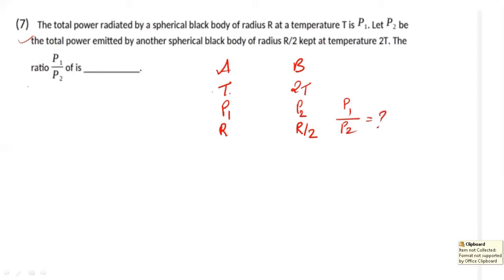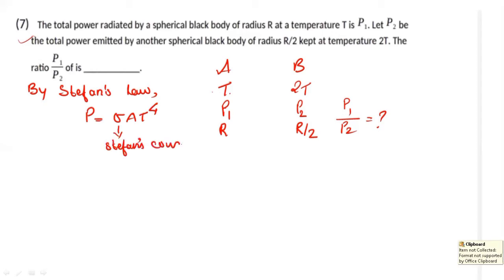For this, by Stefan's law, we know that the power radiated is equal to sigma A T to the power 4. Here sigma is Stefan's constant, A is the area and T is the temperature.